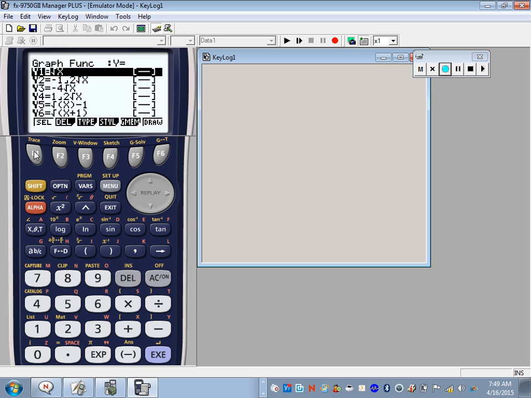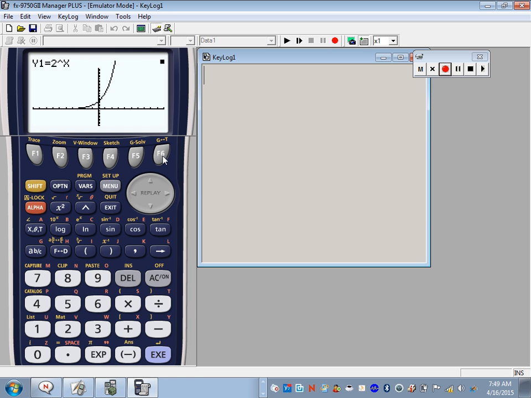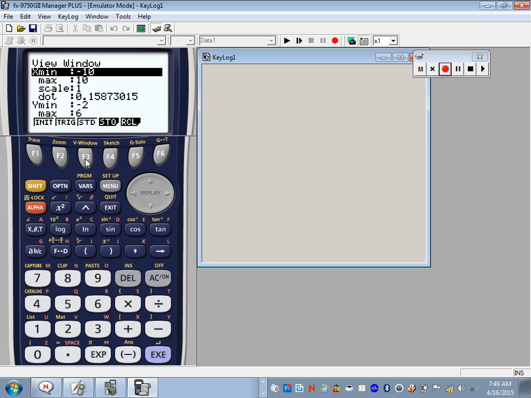So you're going to do 2, and then the caret key, x. It works the same on the TI. Then we're going to execute. I'm going to shift my window and just make sure it's standard, because I've been doing some other stuff with it. Execute. Now let's tell it to draw.